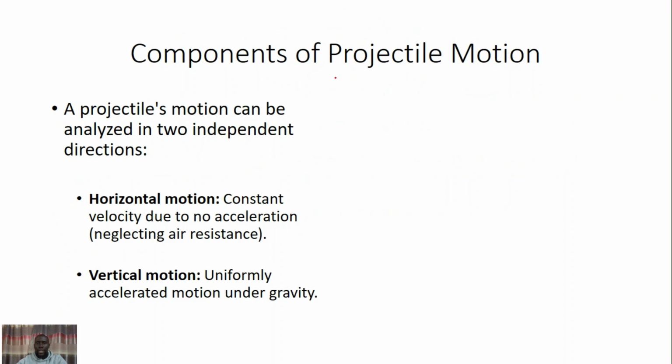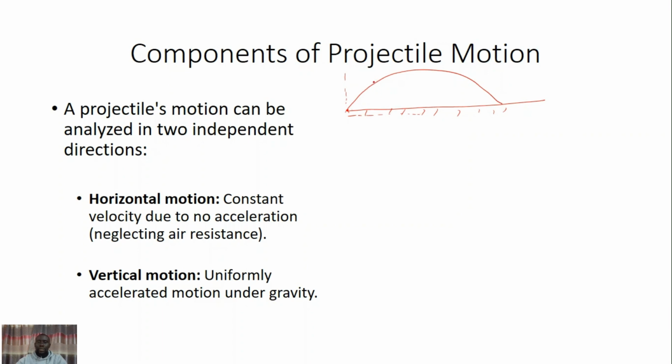Projectile motion actually has two components. And if you look at the path of the projectile motion, like this, the two components are the vertical axis and the horizontal axis.